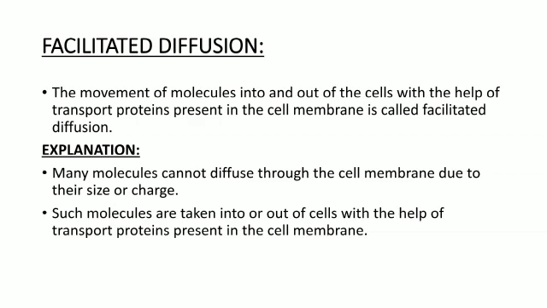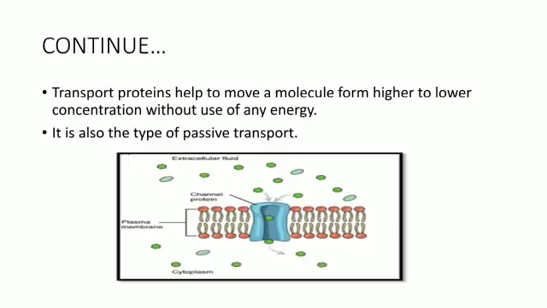So the movement of molecules into and out of the cell with the help of transport proteins present in the cell membrane is called facilitated diffusion. Many molecules cannot diffuse through the cell membrane due to their size or charge. Such molecules are taken into or out of cells with the help of transport proteins present in the cell membrane.